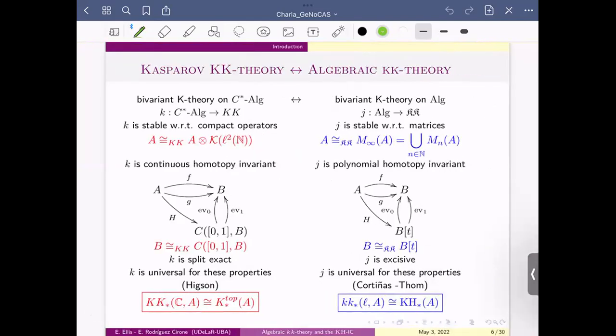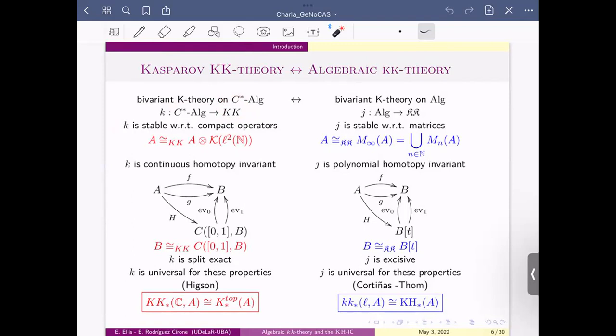Algebraic KK theory can be viewed in parallel with Kasparov KK theory. In what sense? Kasparov KK theory is a bivariant K theory on the category of C*-algebras. That means that there is a triangulated category called KK, and there is a functor from the category of C*-algebras to this category KK, which is stable with respect to compact operators.